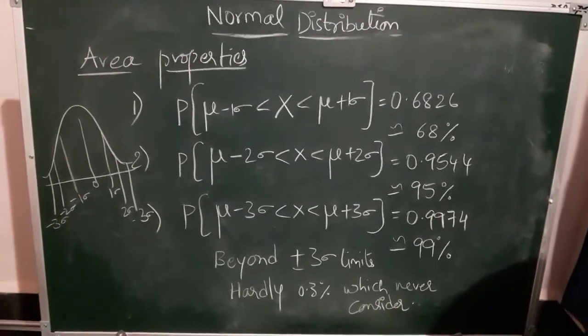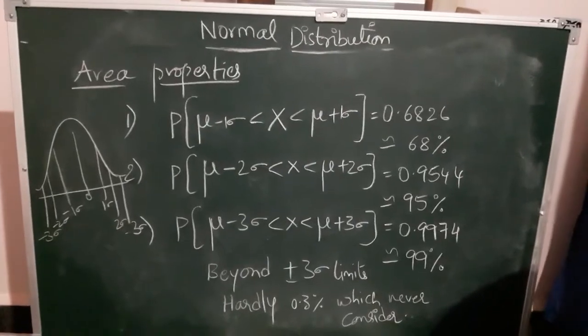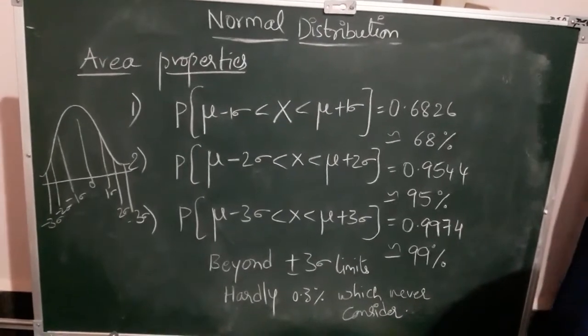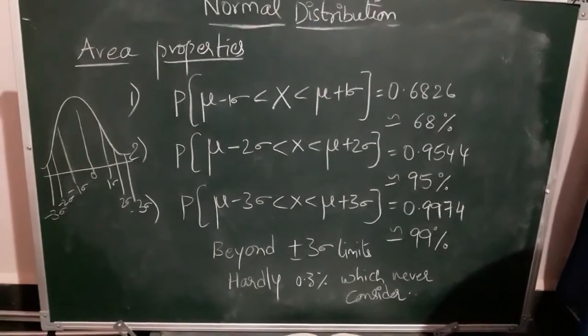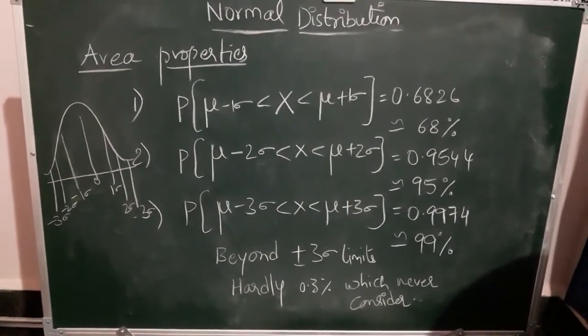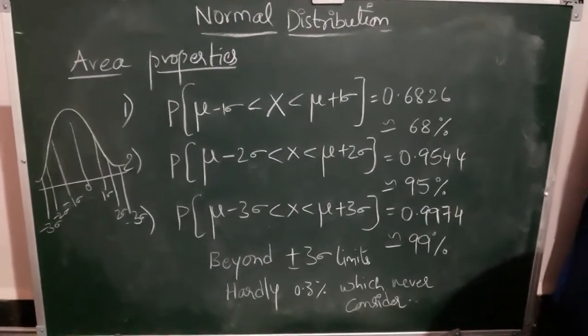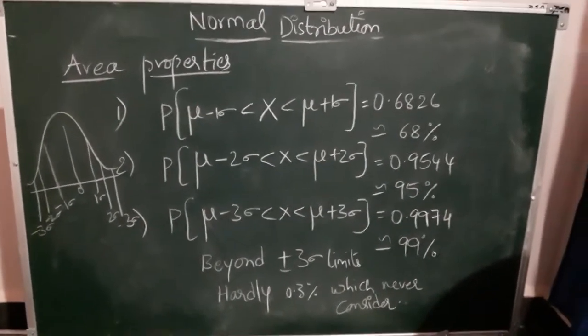So for plus or minus 1 sigma, 68% of the area under the normal curve is covered. Now 95% is covered between plus or minus 2 sigma, and 99.7%, approximately 100%.